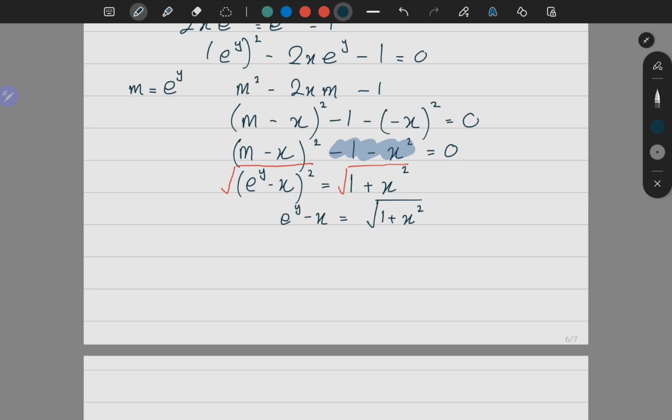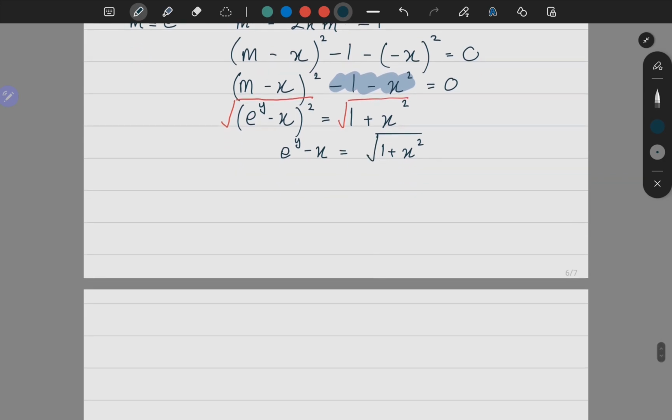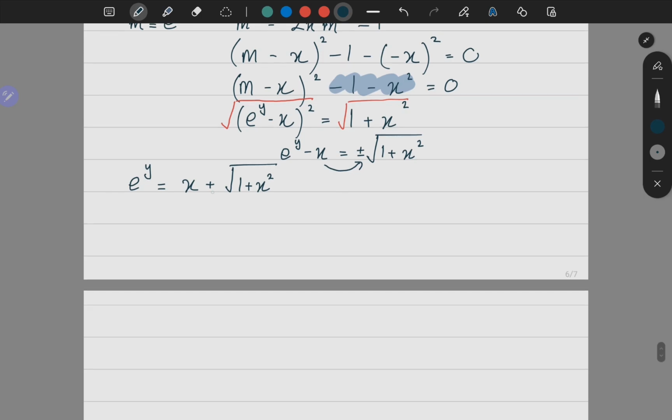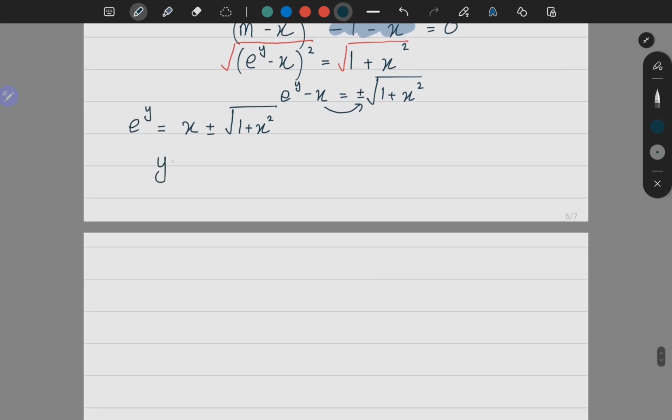Then I can take the minus x to the other side, and I get e to the power y equals x plus or minus, don't forget there's a plus minus here, the square root of 1 plus x squared. Then y will simply be equal to the natural log of x plus or minus the square root of 1 plus x squared.